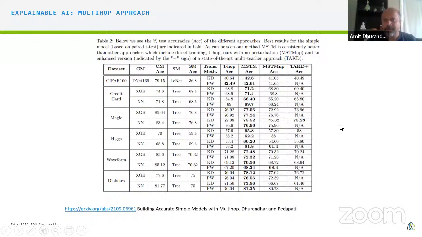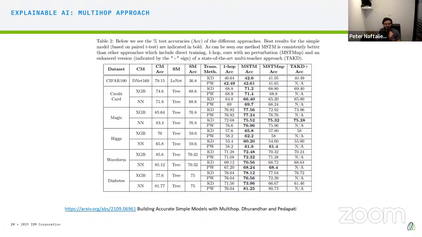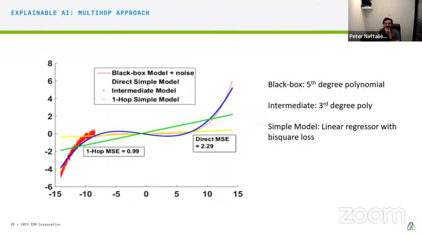So, Amit, maybe on the previous slide, just as an intuition, why is the intermediate 3rd degree polynomial giving us a better fit than using the original 5th degree samples? So it's interesting.